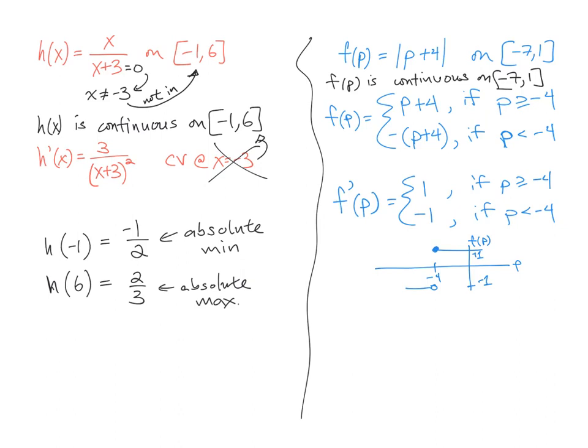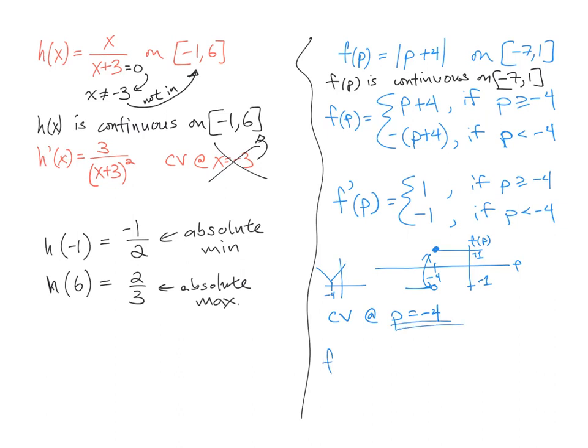And since we have this discontinuity, aka the function is not differentiable at -4, aka there's a sharp turn at -4, the derivative does not exist there, which means we have a critical value at p equal to -4. And this is our only critical value.